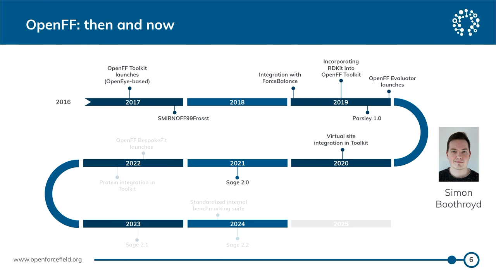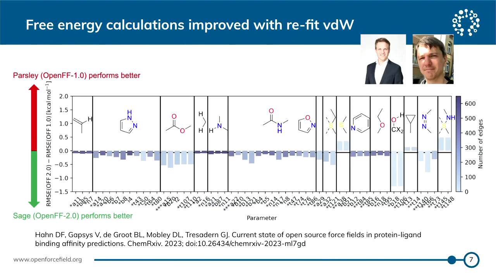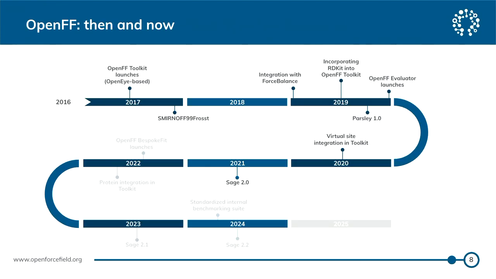So in benchmarks, comparing Sage 2.0 to previous force fields, in this case Parsley 1.0, we see that the van der Waals parameter refit generally improved performance across protein ligand binding free energy calculations. Since Sage 2.0, we've put out 2 more force field releases. So Sage 2.1 in the past year and Sage 2.2 this year.